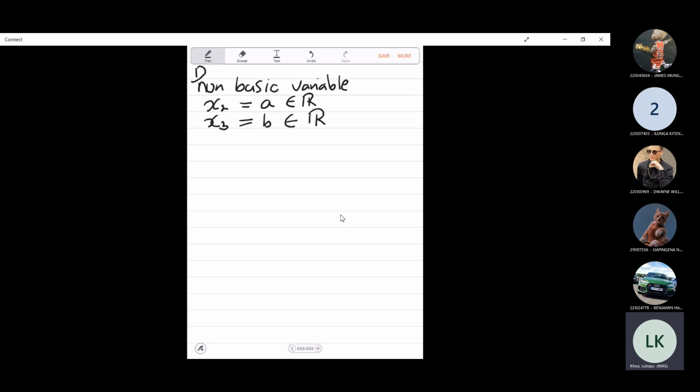It doesn't matter what they are. So the first non-basic variable, which is x2, we call it A. A is just representing any real number. And then the second one, x3, we'll call it B.